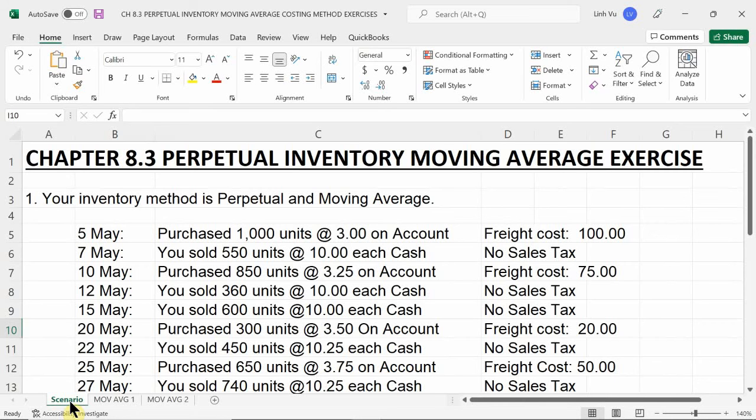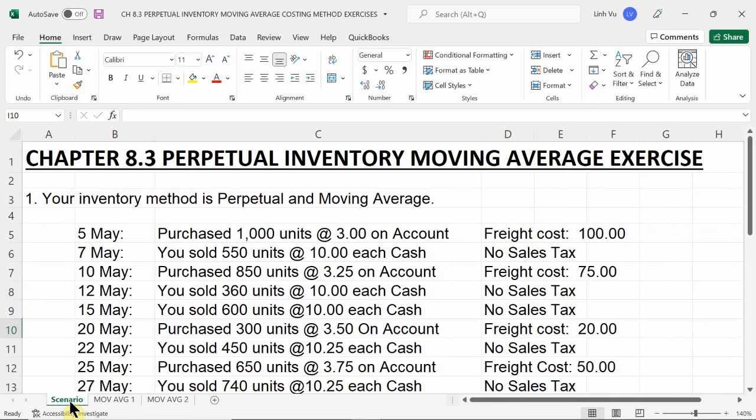This one eliminates using colors. I'm only going to use one color, and that's to black out a lot of the numbers that you see on here because I'm going to be self-referencing. Okay? So for moving average, let's go ahead and take a look here.